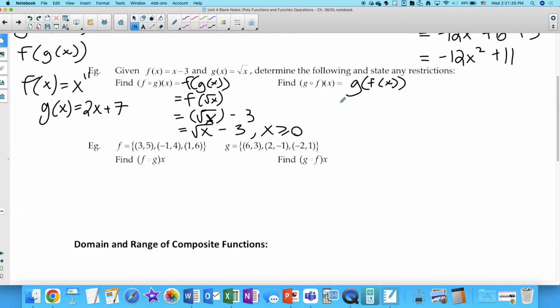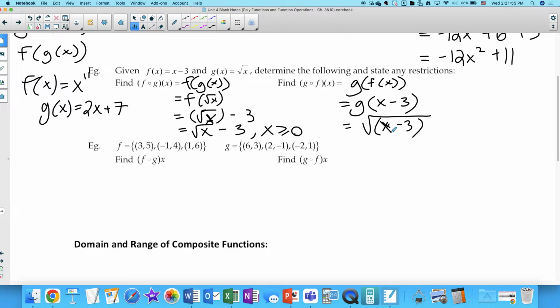When we look at g of f of x, now we're looking at g of x minus 3. Now g of x is the square root of x, so this is the square root of something, and that something is x minus 3. You don't need a bracket.